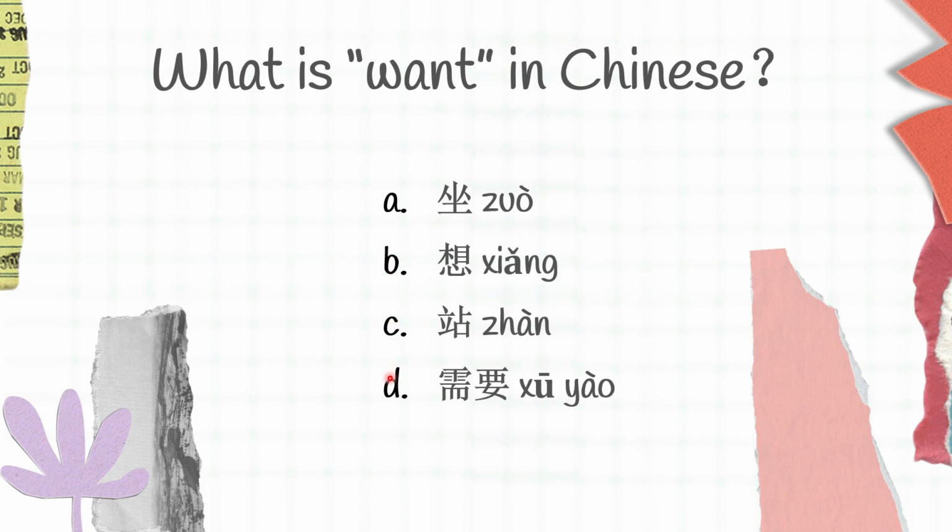So which one do you think is correct here? 坐 is sit down, 想 is want, 站 is stand up, and 需要 is need. So the right answer for this question is B, 想.